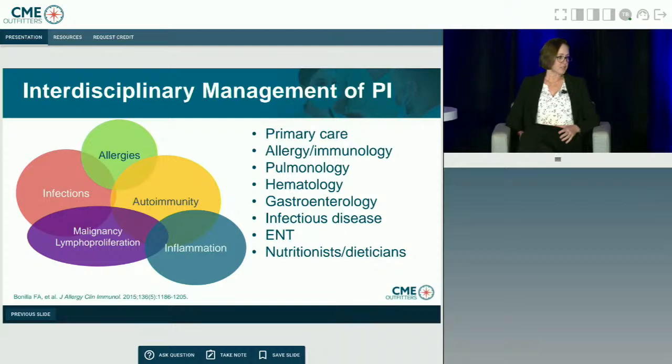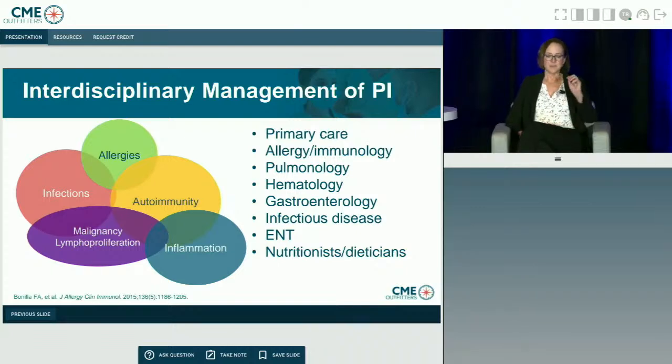Maybe you need an infectious disease provider to help you choose antibiotics or to navigate through culture data. ENT doctors are in my back pocket, right? When do they need sinus surgery? When are you asking them to get rid of inflammation so that you can then keep them free from infection? And then don't ignore nutrition.